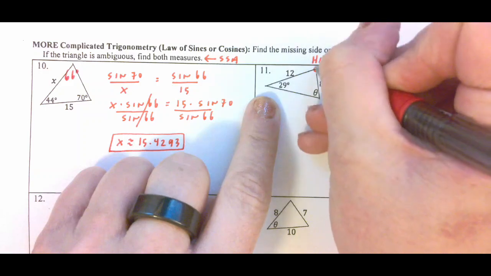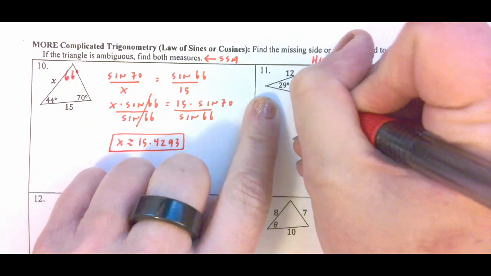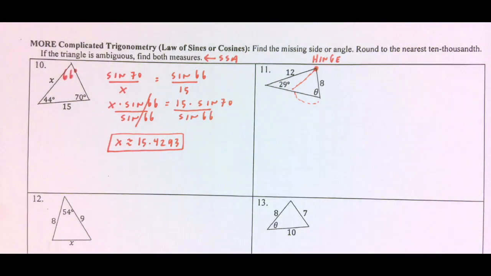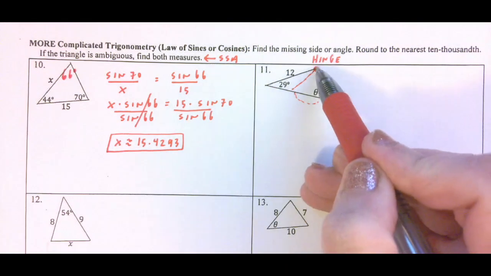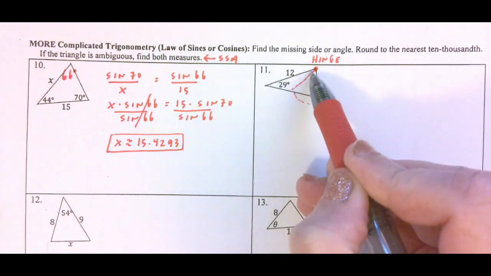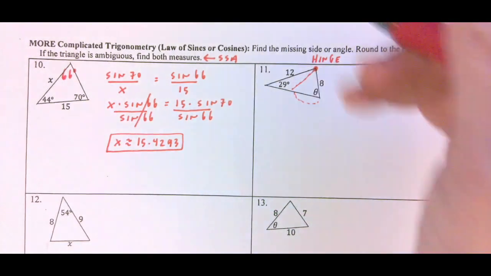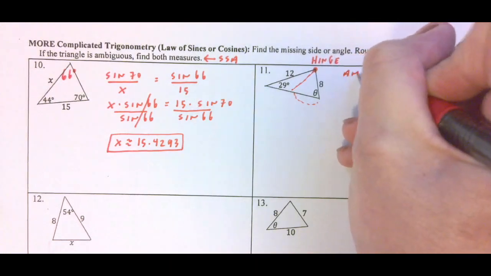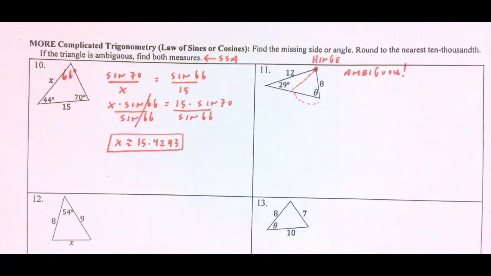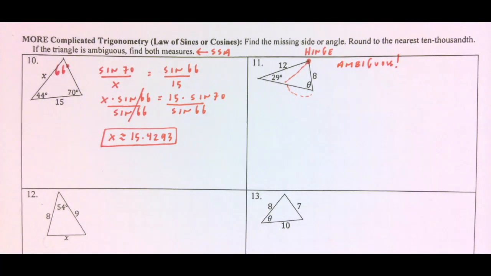This side right here, this door could swing into an alternate position right about here, making a very different looking triangle. My triangle could look like this as drawn, or it could look like this instead. That is entirely possible. So this triangle is ambiguous. There are two measures that work for theta.